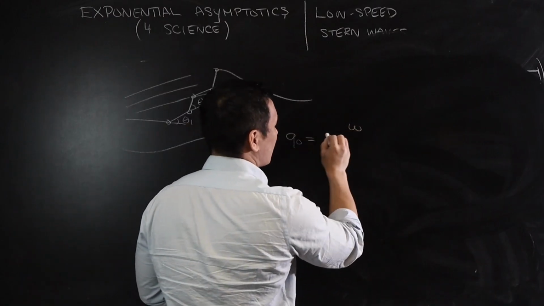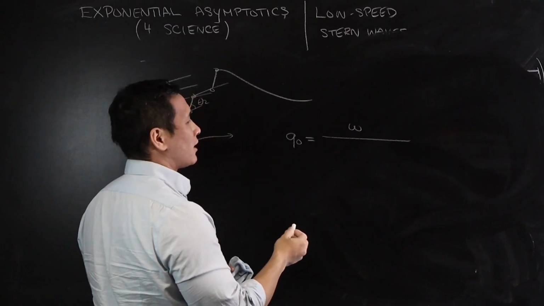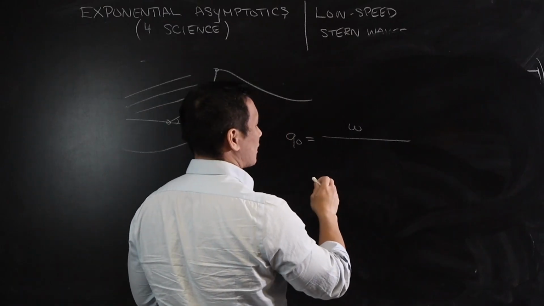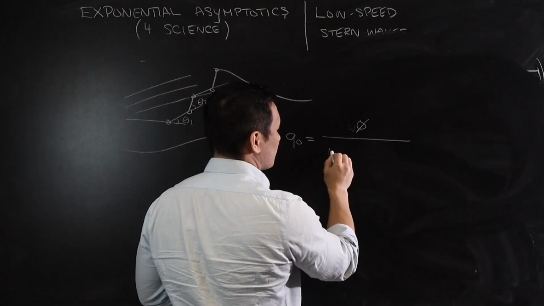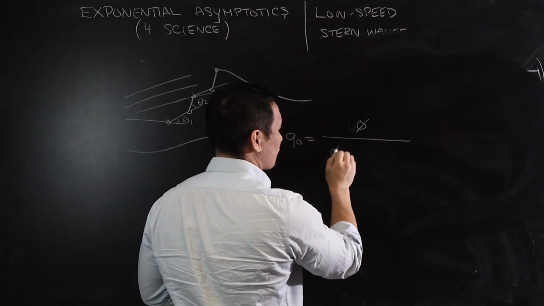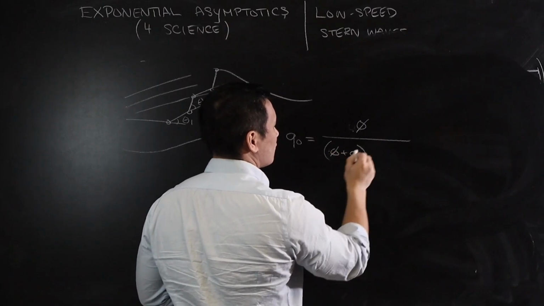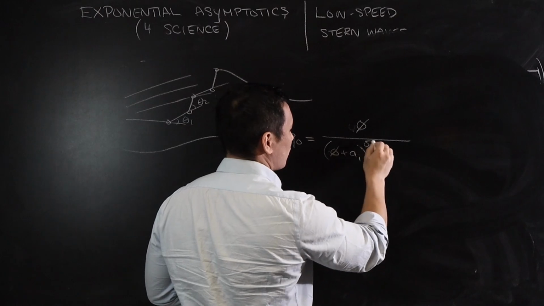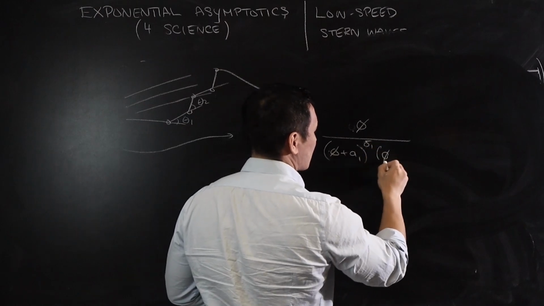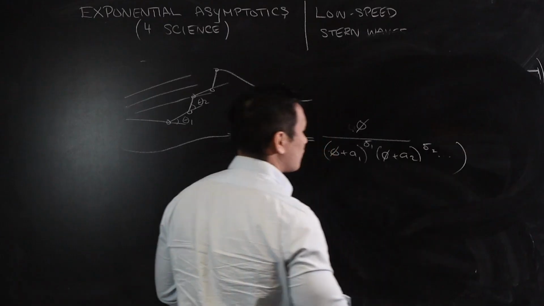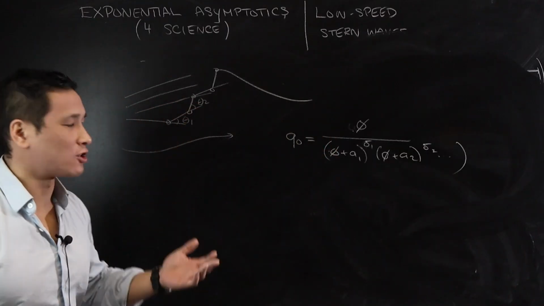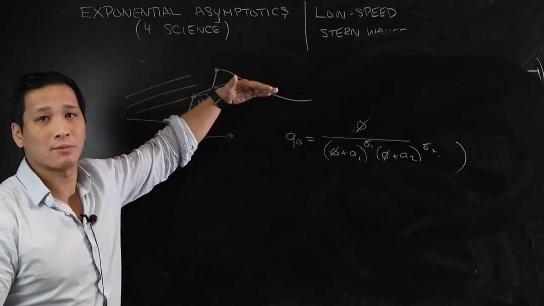solution, as you can imagine, will be some kind of expression in phi, and then this will be something like phi plus the first singularity to the one to a number, phi plus the second singularity to another number, etc. And there has to be some kind of condition that says all the angles have to add up to be pi by 2.